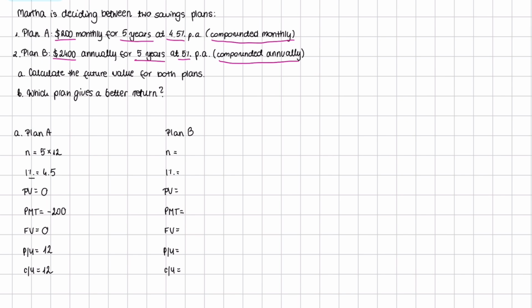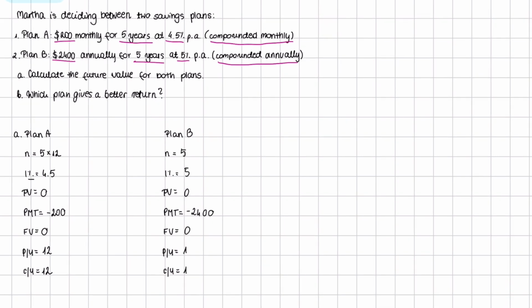and we can write the things for the second plan. So yeah, we have n equals 5 because we have 5 years, and we have compounding periods compounded annually, so it's like times 1, so we don't really need to write it, we can just leave it as 5. Then we have interest rate 5, present value 0 because we don't have any money at the beginning.